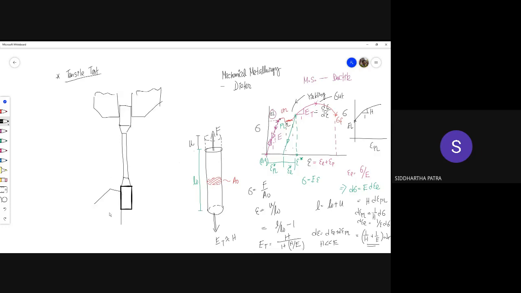The bottom one is the fixed crosshead, and the top one is the moving crosshead. They literally do an iron grip on the two ends of the specimen, and they would be pulling the specimen. So this part is going to be stationary and this part is going to be moving upwards and thereby pulling the specimen.